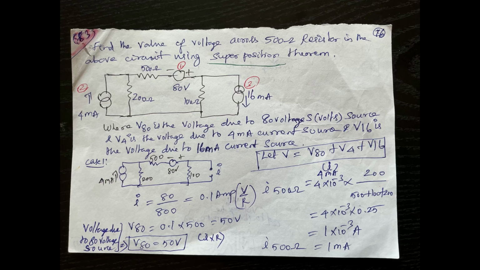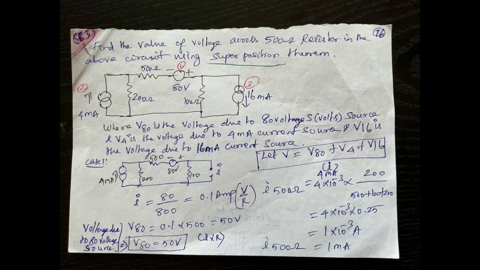I have explained current division rules in previous classes; kindly see those classes. From this, I500 ohm is 1 milliampere.